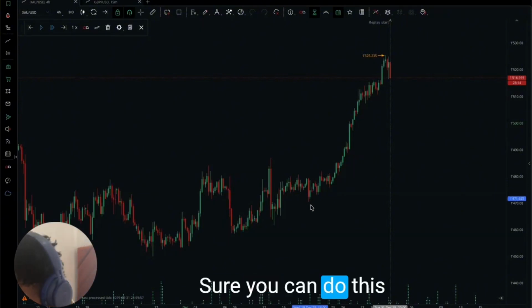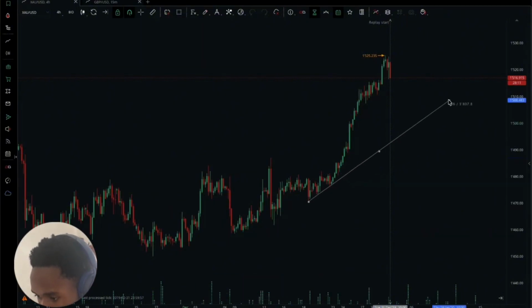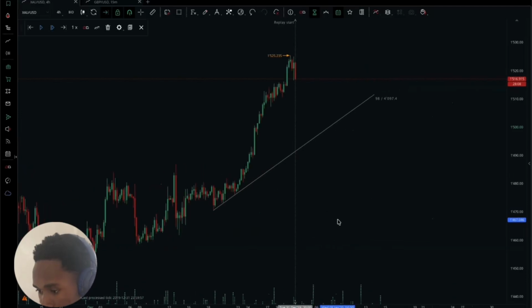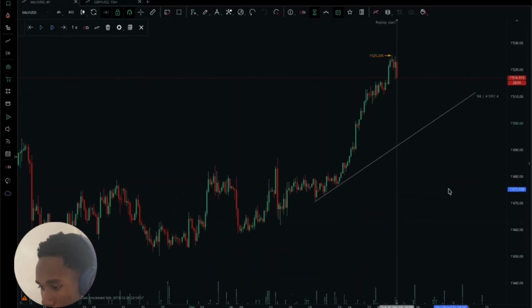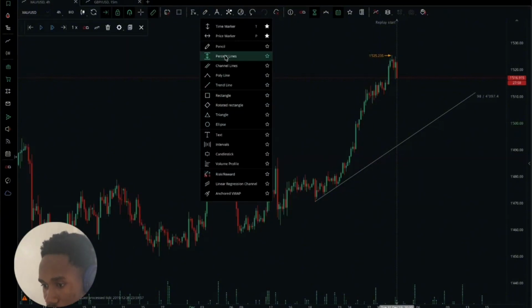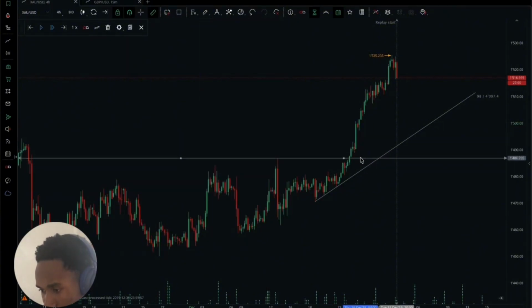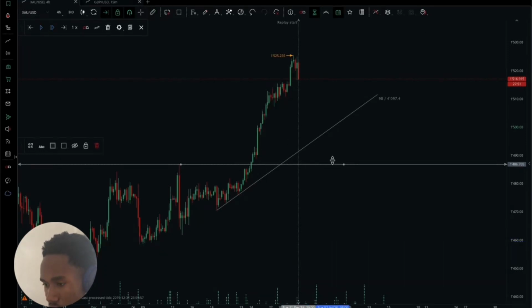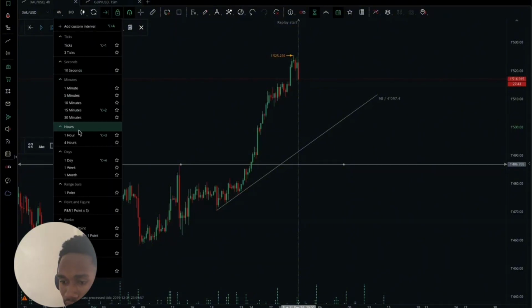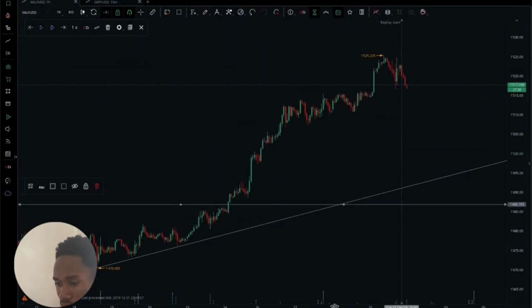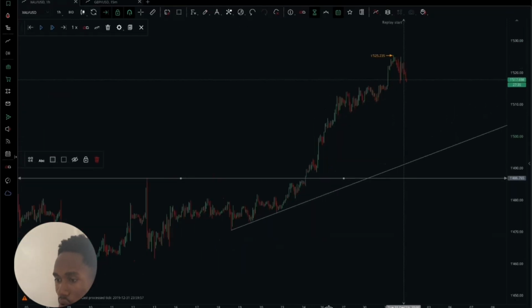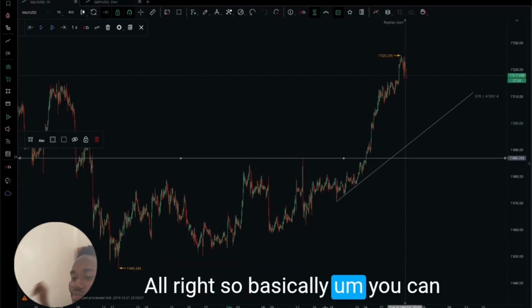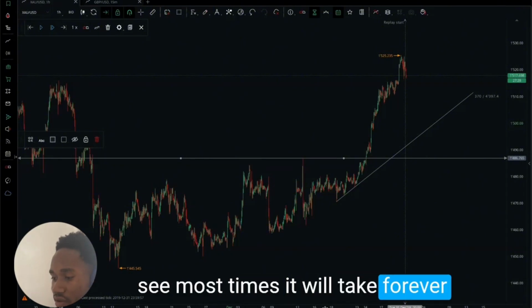Actually, I can do this. Alright, so basically, you can see most times it will take forever for it to get back to this trend line.